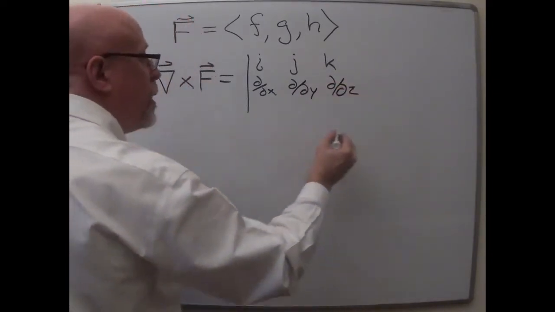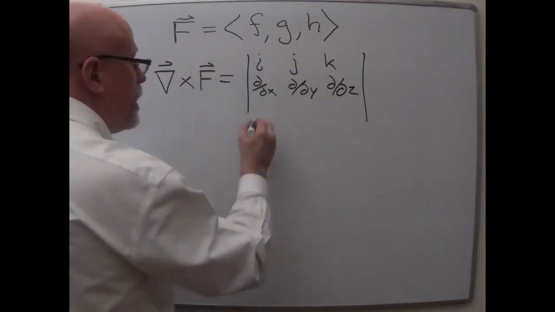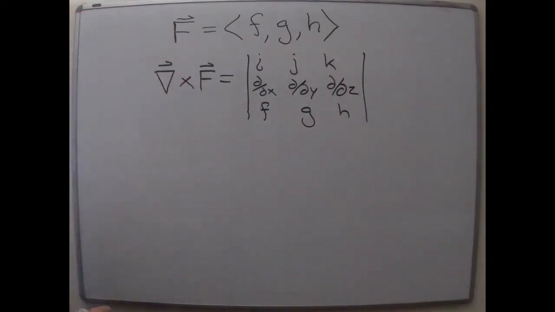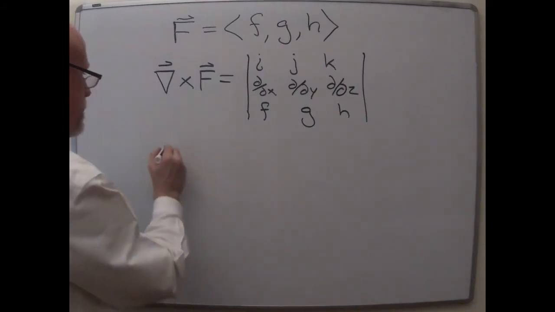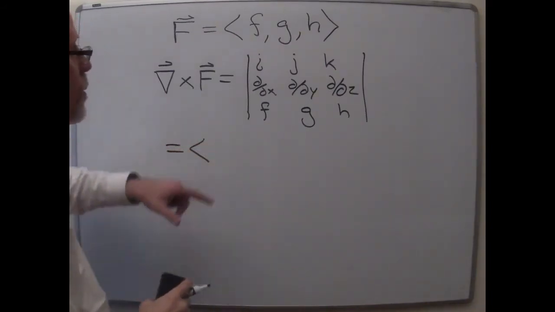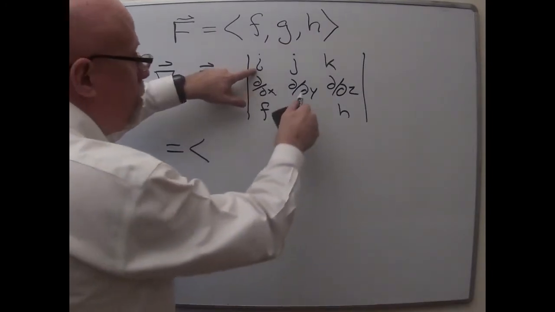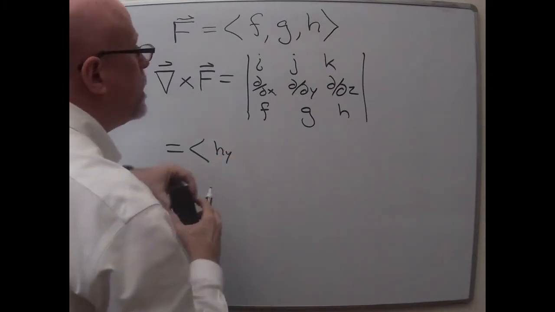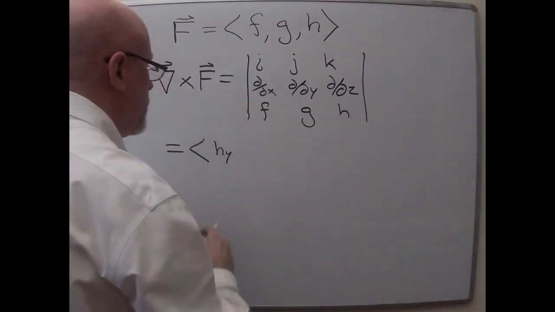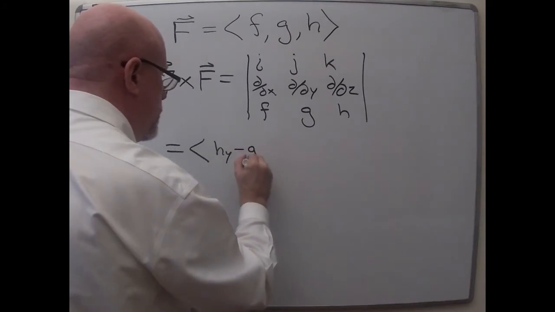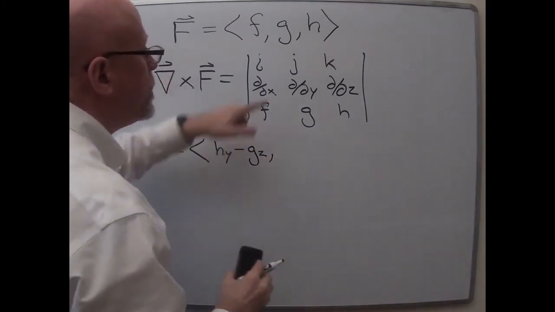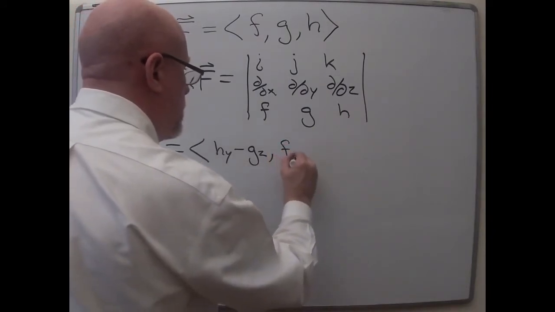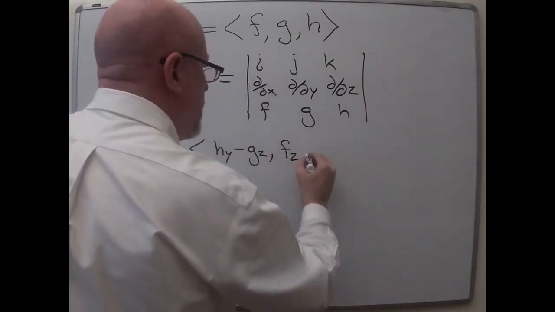That's the components of del, and the components of F, which are f, g, and h in the third row. When you get the i coordinate, it'll be the partial with respect to y of h, minus the partial with respect to z of g. In the j component, it'll be the z derivative of f minus the x derivative of h.